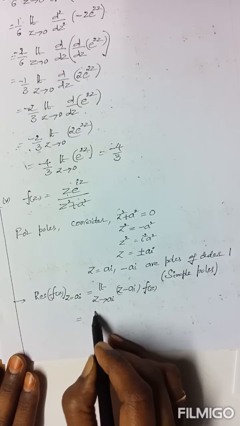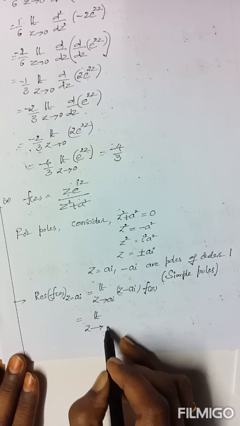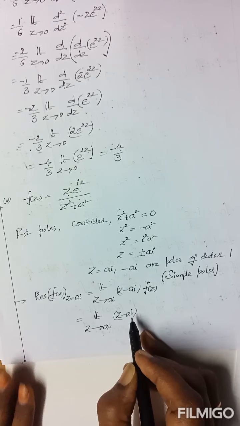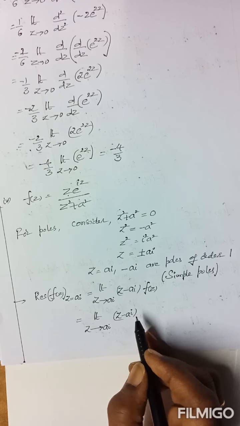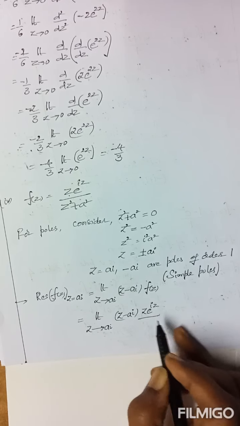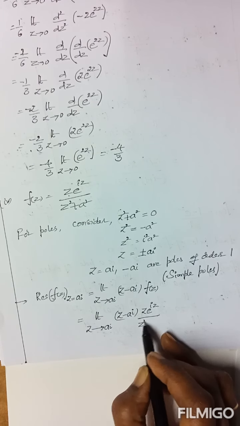That equals limit of z tends to ai, z minus ai, f of z. F of z is the given function. The given function is z e power iz by z square plus a square.